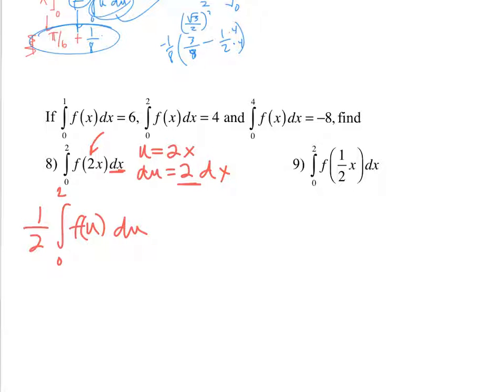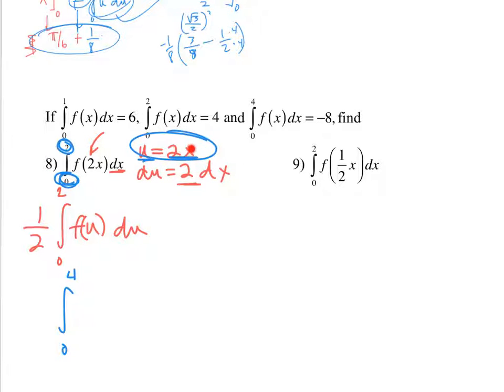All right. I'm going to go ahead and change the bounds on this because who knows what function makes f of u? So let's change the bounds. If u is equal to 2x, then when x is 0, u is also 0. And when x is 2, u is 4. I was using this u sub, so I want to change it from x bounds into u bounds.